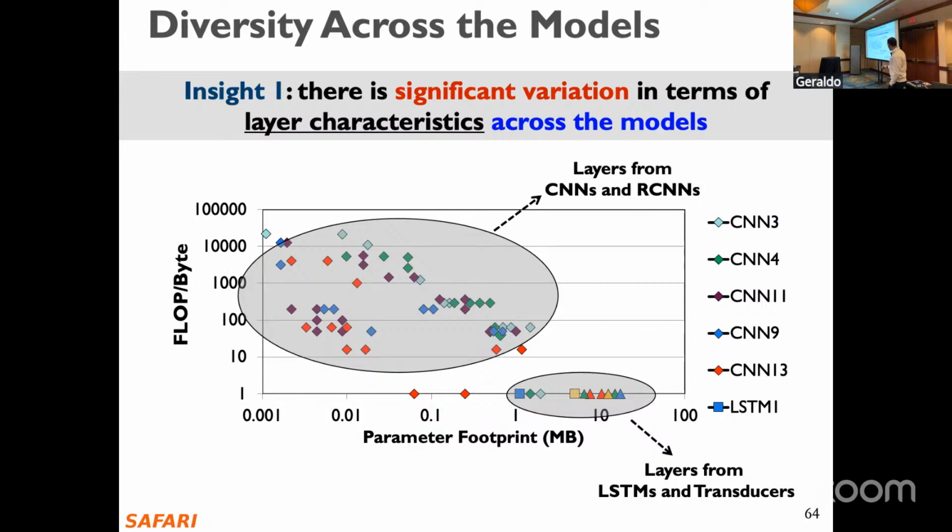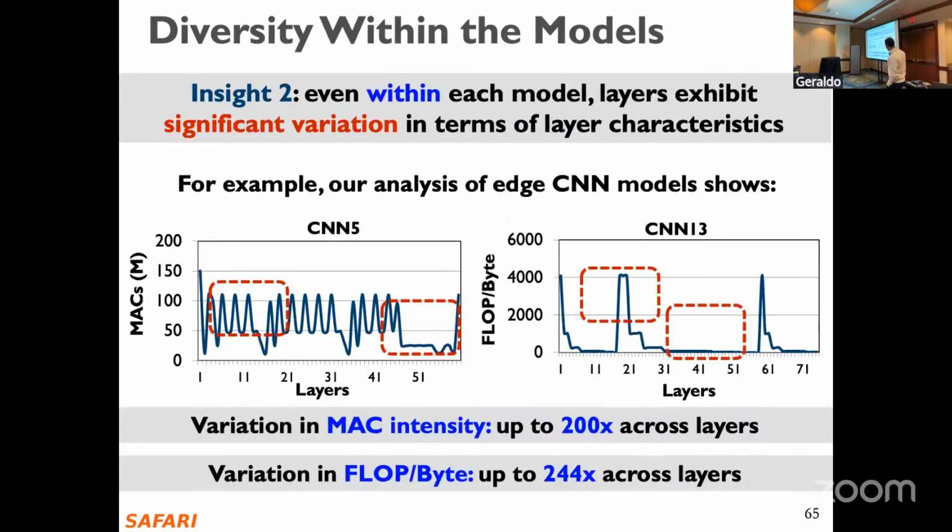As you can see, there are some layers that have very high parameter footprint but very low reuse, and some other layers have lower parameter footprint but higher data reuse. If you look at other metrics like MAC intensity across layers, you can also see that the MAC intensity significantly varies within and across different neural network models.